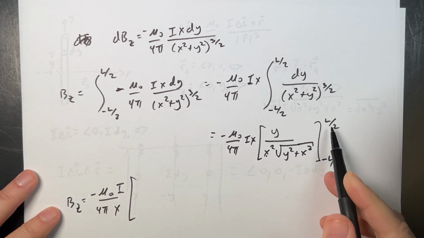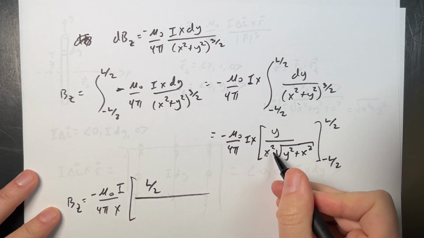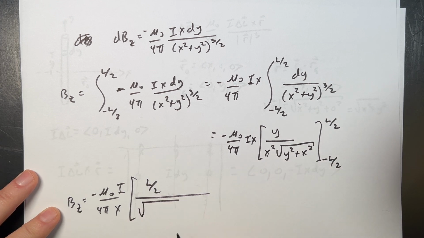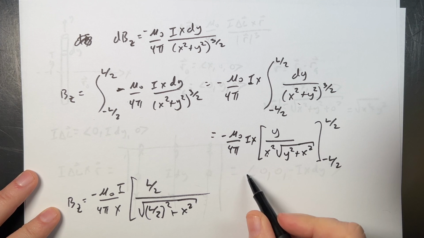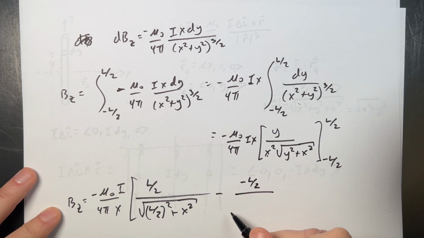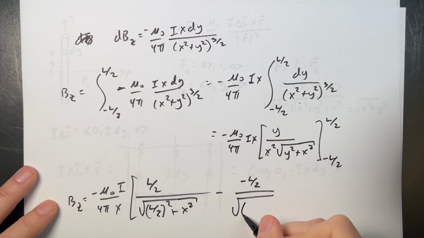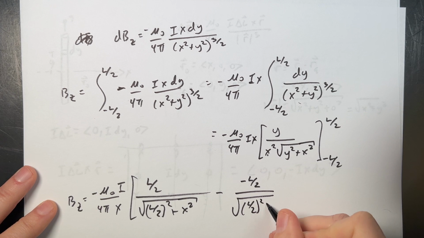And then I'm going to put in L over 2, so I get L over 2 for y, and then I put the square root of L over 2 quantity squared plus x squared. And then I'm going to put in the minus. So I get minus a negative L over 2 over the square root of negative L over 2 squared, which is just going to be L over 2 squared, plus x squared.